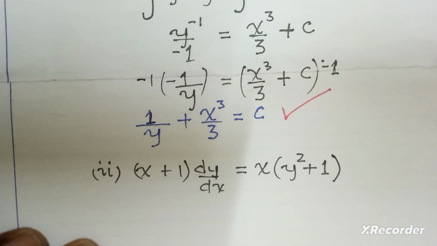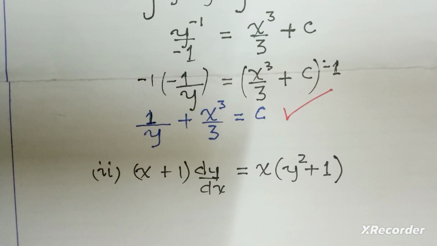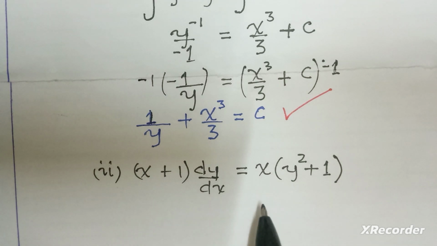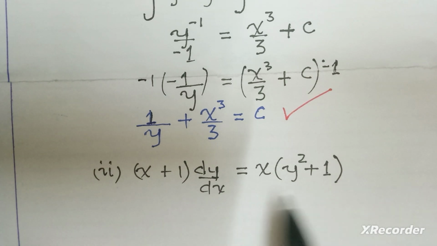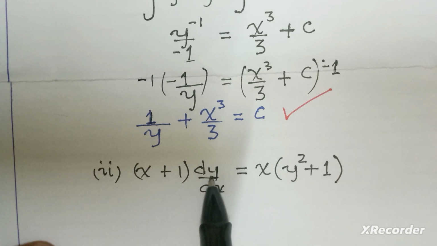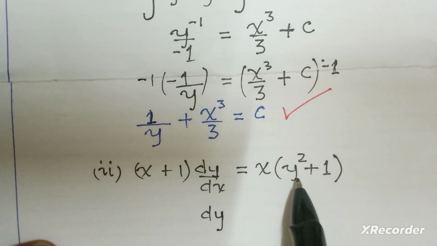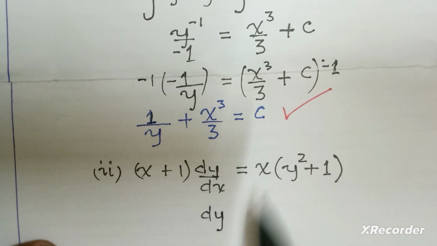We can now separate the variables, bring y's on one side and x's on the other side. What we make sure is that the dy or dx is going to be a numerator. So for this one, we can leave the dy on that side, and then we can bring this y squared plus 1 to this side.